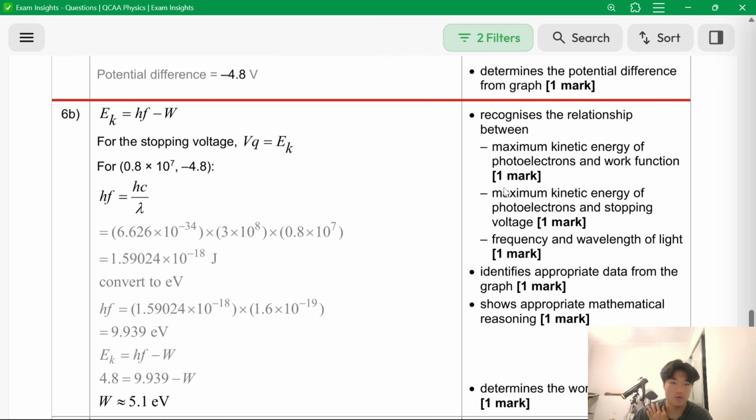They got 5.1. There are going to be rounding errors based on what values you chose. For stopping voltage, EK is not negative.